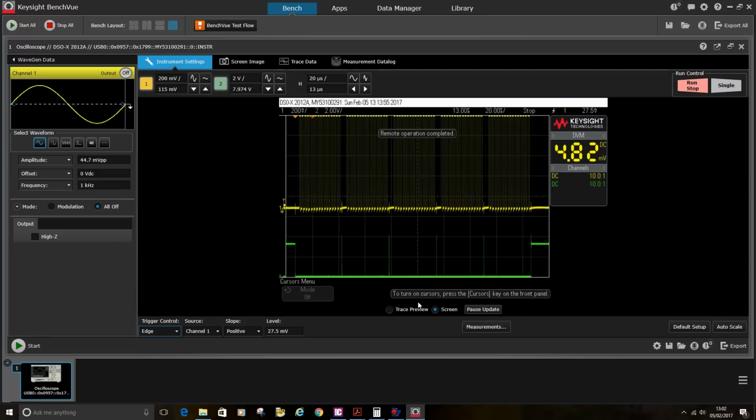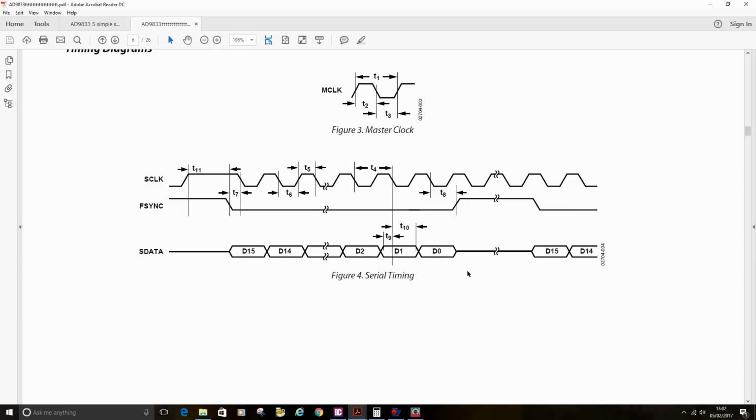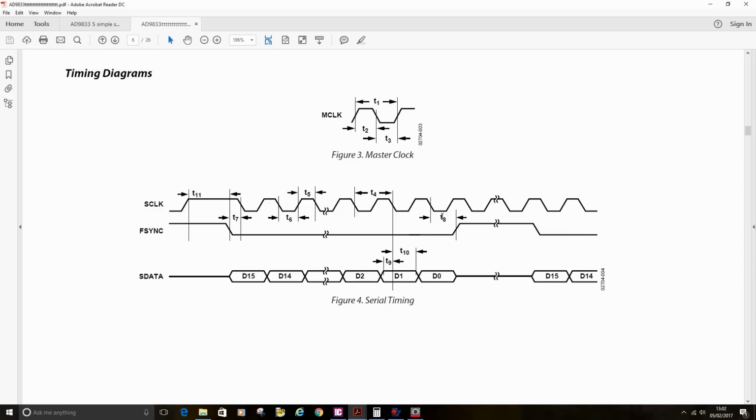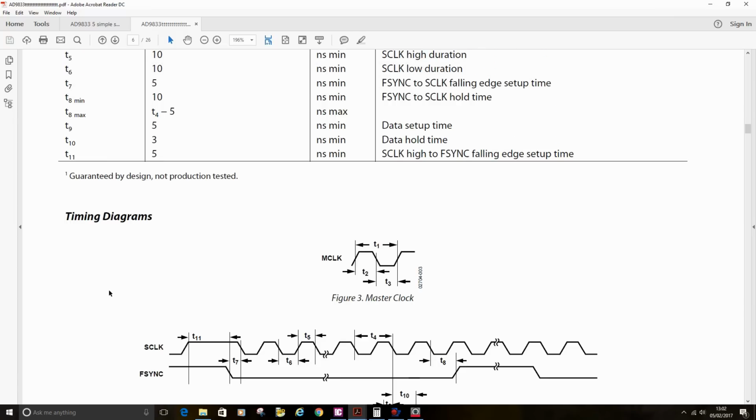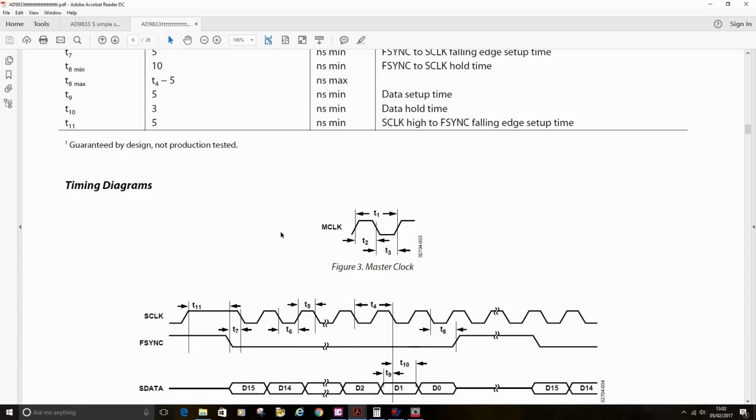And you think, why is it not working? That should be spot on. But going back to the data sheet, look here, T8. So from the last clock to the chip select turning off or going high, T8. This is why it wasn't working, or why I understand it wasn't working. So T8 max is T4 take T5 nanoseconds max.